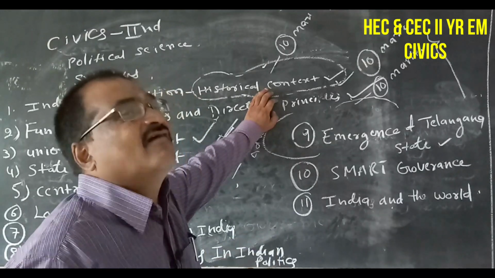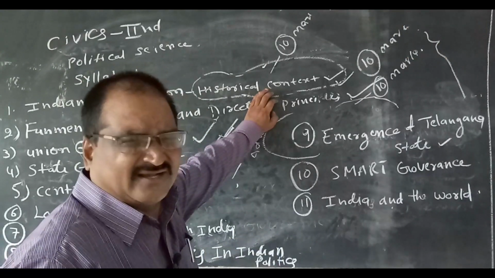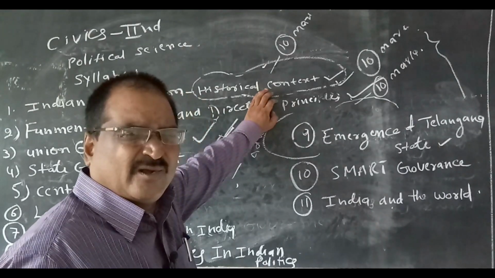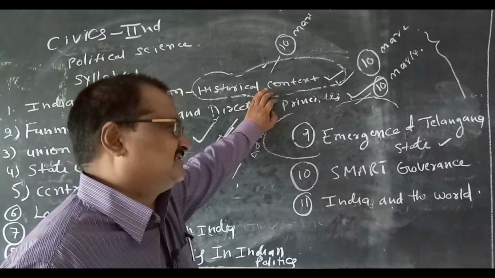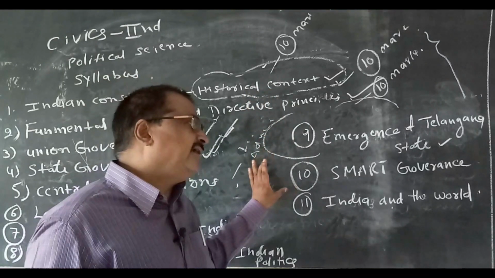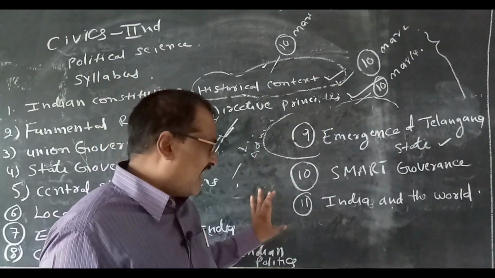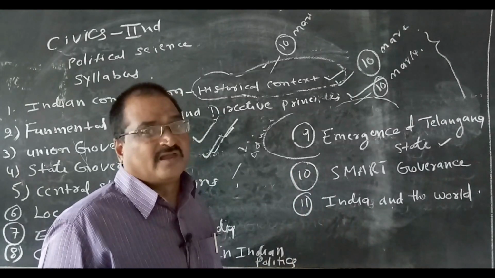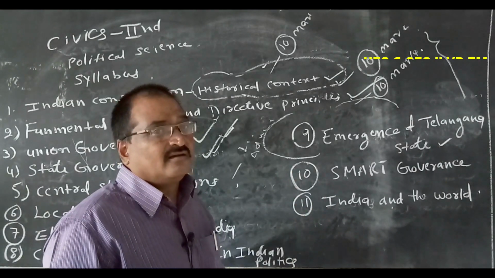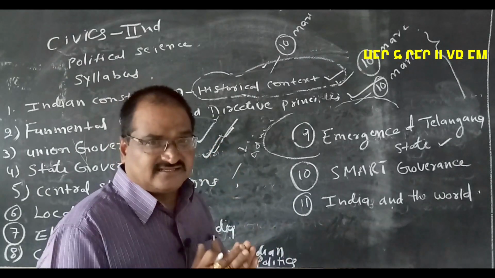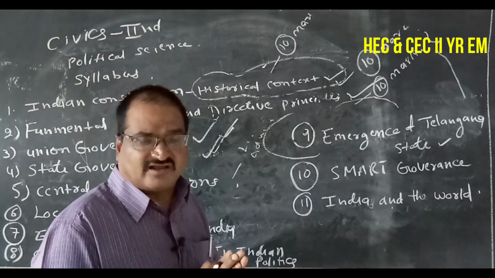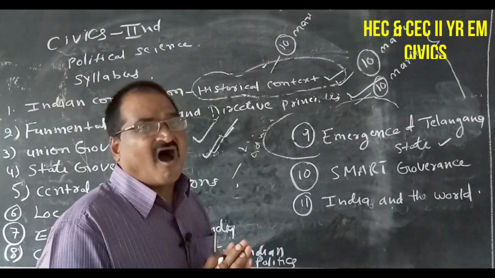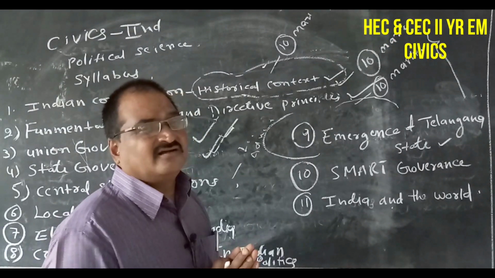What is e-governance? These are all in smart governance. And the 11th one is India and the world. Here we study the United Nations Organization, its structure, functions and powers, and SAARC and BRICS.